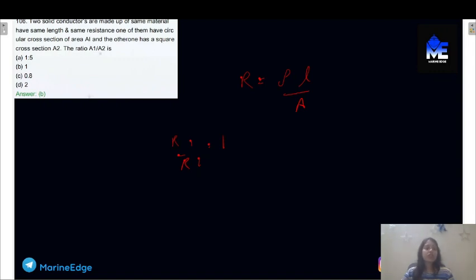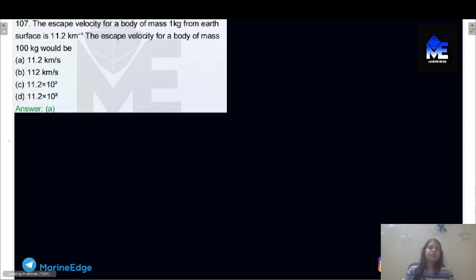What is the ratio of A1 to A2? It is saying that they have the same length and same resistance. So L1 upon L2 is also 1, and for the same material the resistivity is the same. So in this case, to maintain the same resistance, the area of both the wires should be the same. So the answer should be P. Moving on.